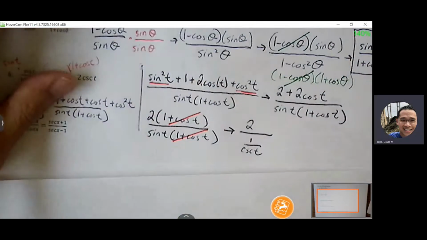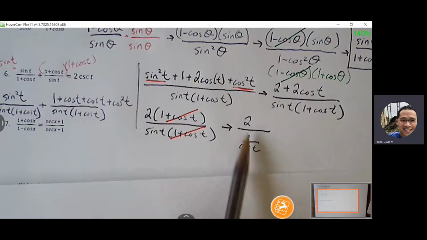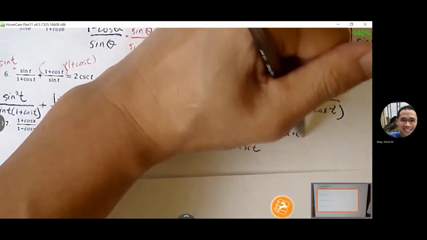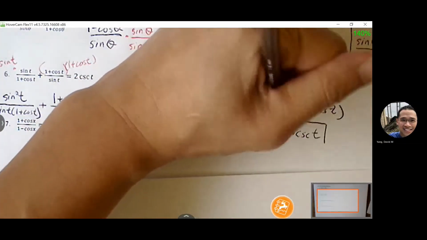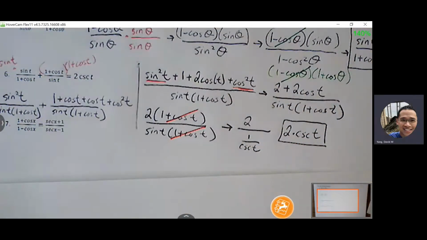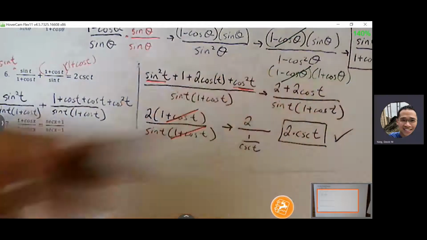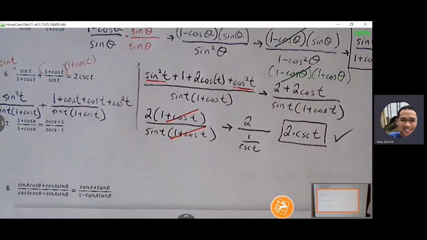You know that sine and cosecant are reciprocals. So now if I just divide by the fraction, I can multiply by the reciprocal, right? There's my matching part.